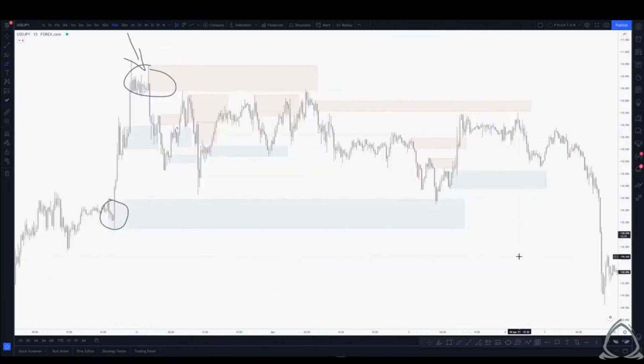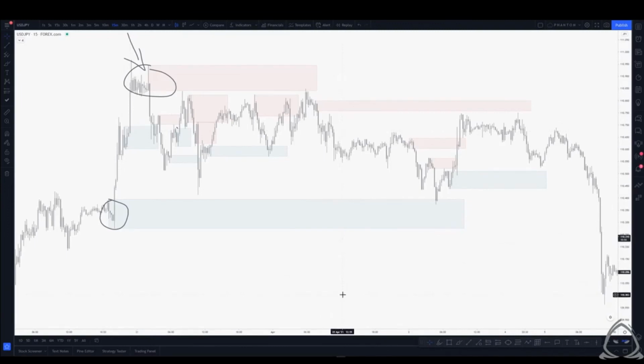Now, with that said, of course, continuation models are going to play out, but what your mind should be thinking is, if I know that the reversal models have a higher probability of playing out over the long term and the continuation models are a little bit less likely to play out, you need to start to build trade ideas around reversal and then the initial continuation. Because as you get further up in an up move or further down in a down move, the more continuation models that play, the less likely they are to actually play out from a trade standpoint.